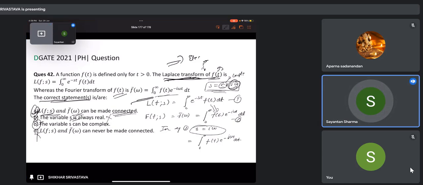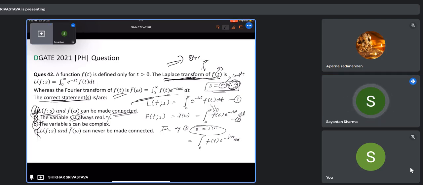Just one doubt, although it is not of the mathematical part. In case of Fourier transform, we are connecting two conjugate variables, right? We are connecting x with k, which is related with momentum.